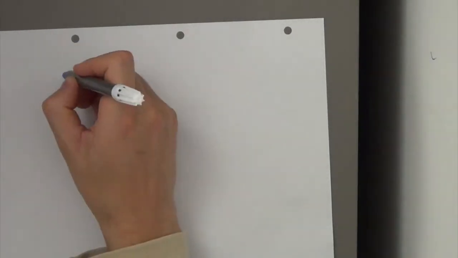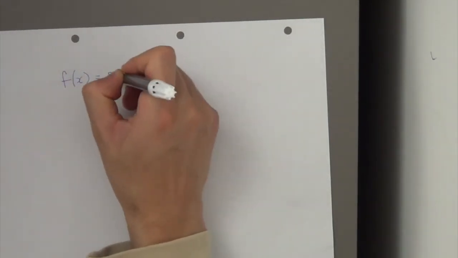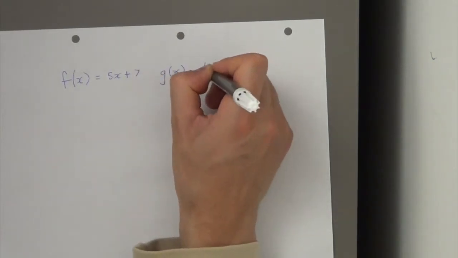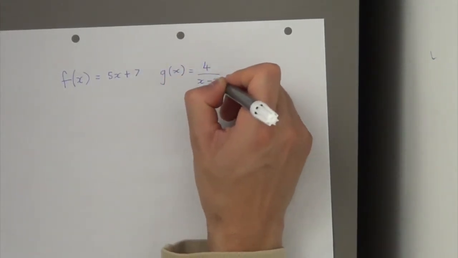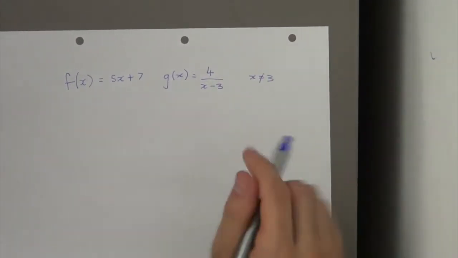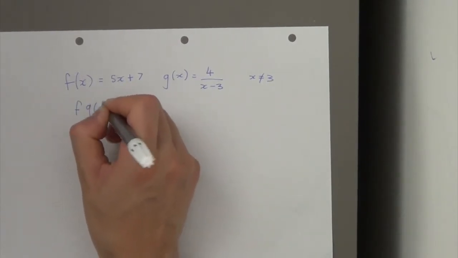Next question. We have function f(x) equals 5x plus 7, g(x) equals 4x minus 3, and x cannot be 3. So how do we solve this? The first thing, it says find fg(1).